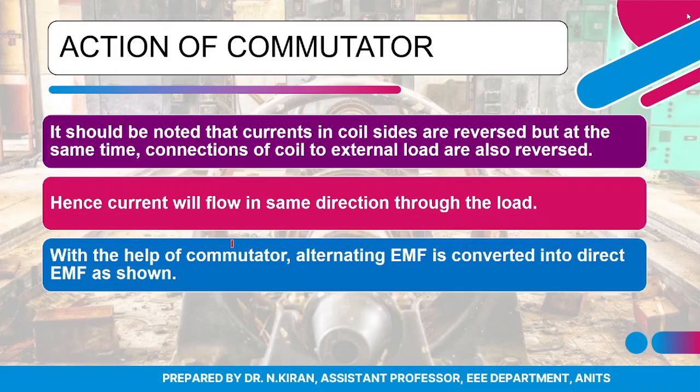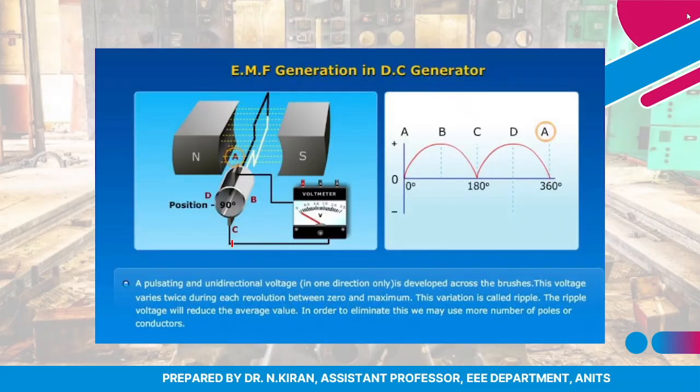From the diagram you can see that the output EMF generated when the commutator also rotates along with the coil is pulsating DC. This is not purely DC, this is pulsating DC, as you can see. So this is not very suitable in many industrial applications.